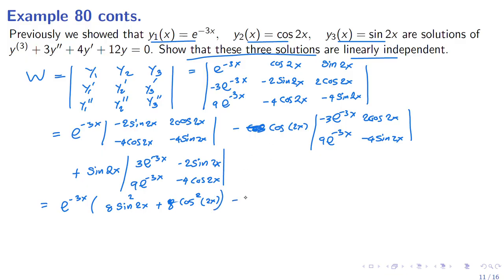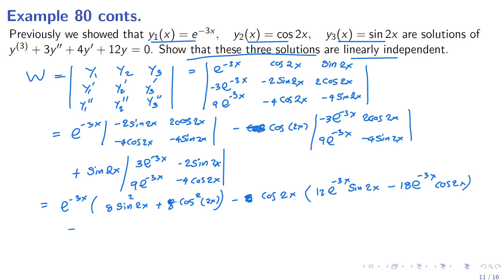Then we get minus cosine 2x times 12 e to the minus 3x sine 2x minus 18 e to the minus 3x cosine 2x.